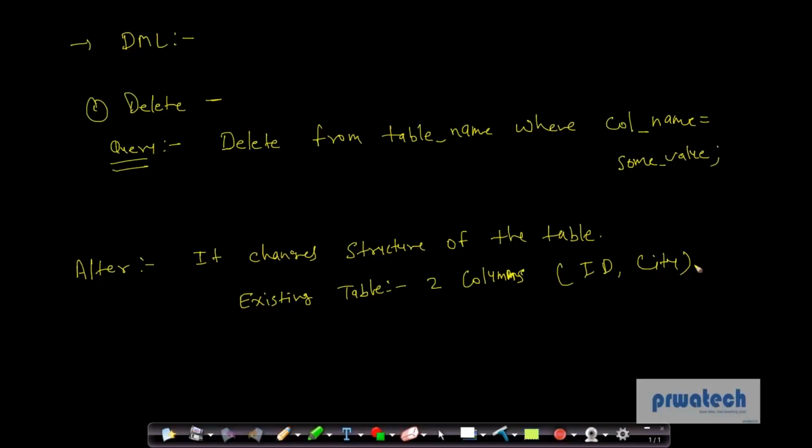So when I want to add a country column, I will have to use alter, because I'm making changes in my table structure. So using alter, I can do that. I can decrease from two to one also. So you can grow from two to three, and you can shrink also. All of that we can do in an alter query.